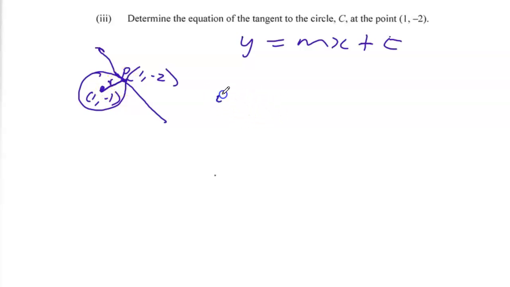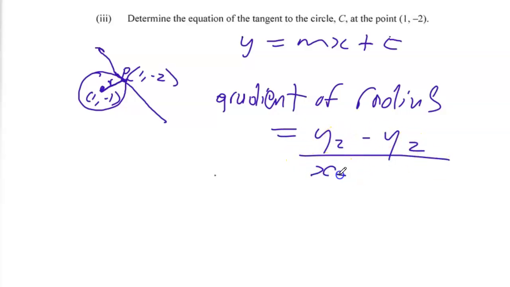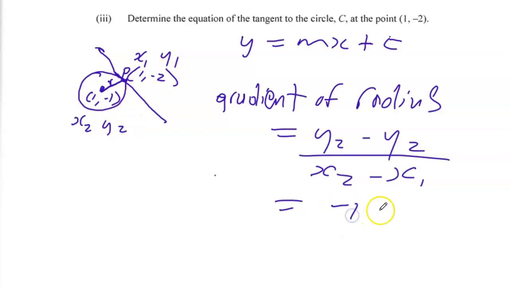So gradient of radius, and gradient is y2 minus y1 upon x2 minus x1, right? So I can call this x1 y1, and I can call this x2 y2. So if I subtract y2 minus y1 will be -1 minus the other y value, right?